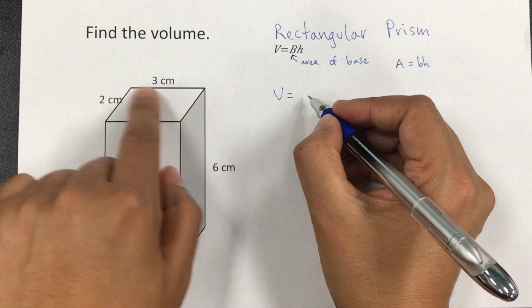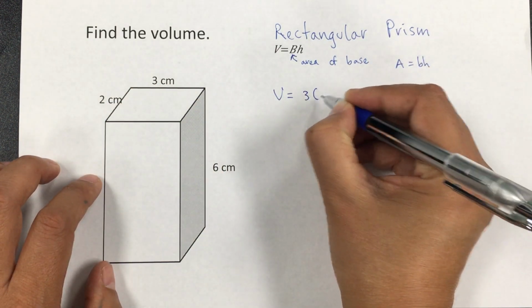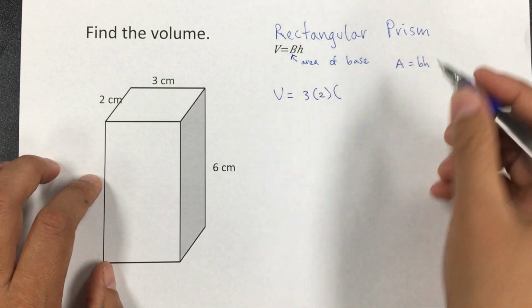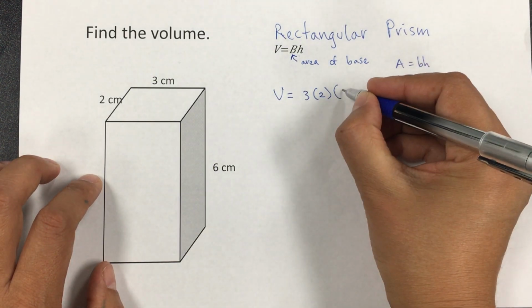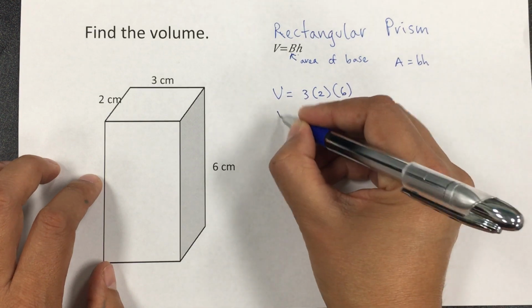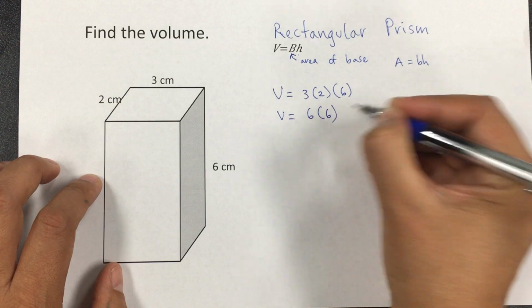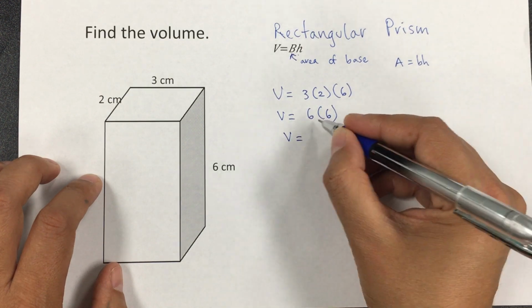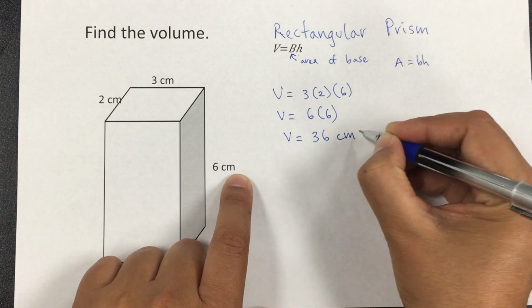Somebody says, teacher, can that be the base and that's the height? Okay, let's put 3 times 2. And then the height of the prism is going to be 6. So 3 times 2 is 6, times 6. And so the volume is 6 times 6, which is 36 cubic centimeters.